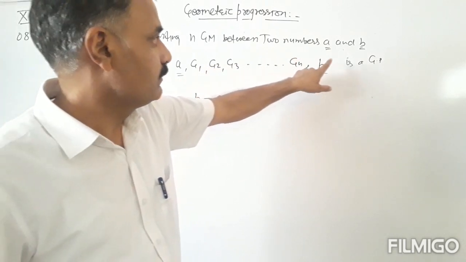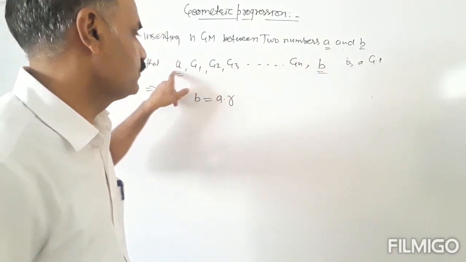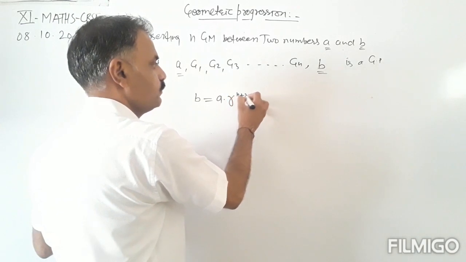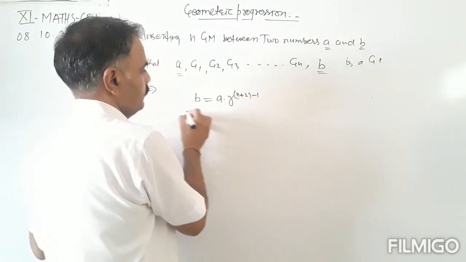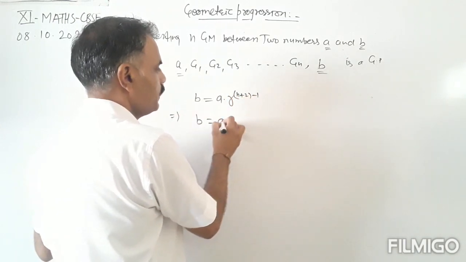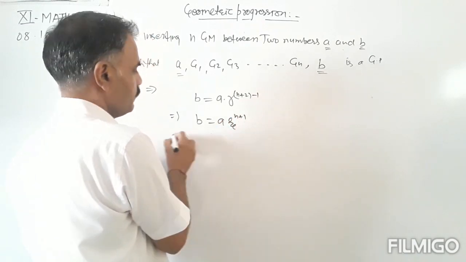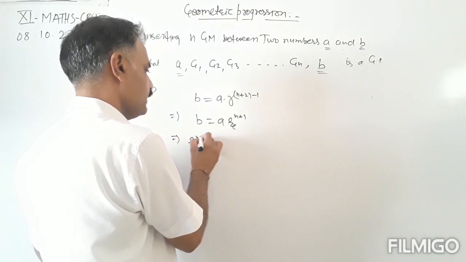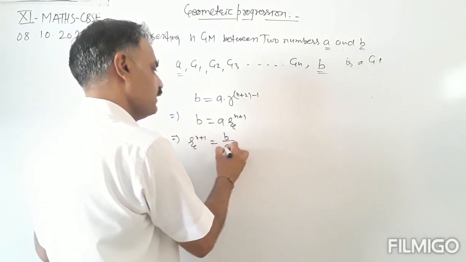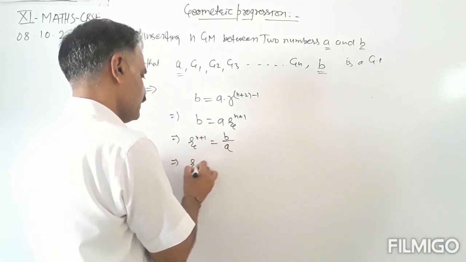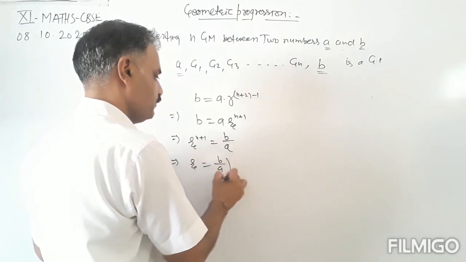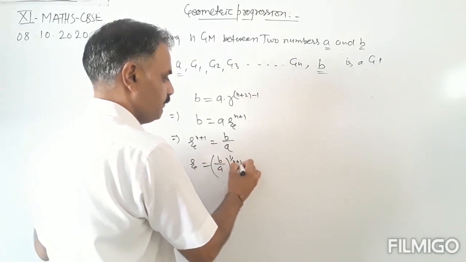These are n plus 1, n plus 2, so n plus 2 minus 1. So b is equal to a r to the power n plus 1. So r to the power n plus 1 equals b upon a, which means r is equal to (b upon a) to the power 1 upon n plus 1.